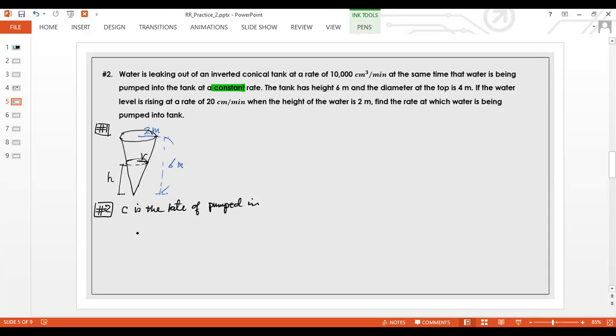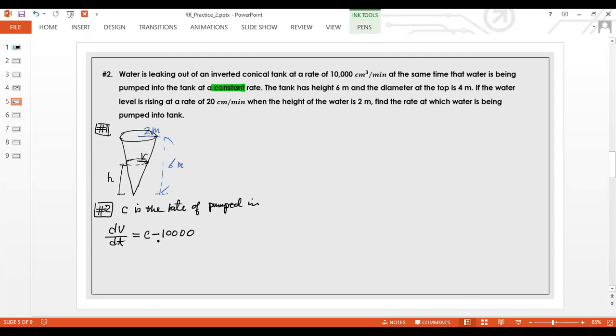All right, so now I know that at any moment, the volume here, right? So dV/dt, that means the change of the volume of this tank, what is it? It will be C minus 10,000, right? So you have how much comes in, minus how much gets pumped out, right?